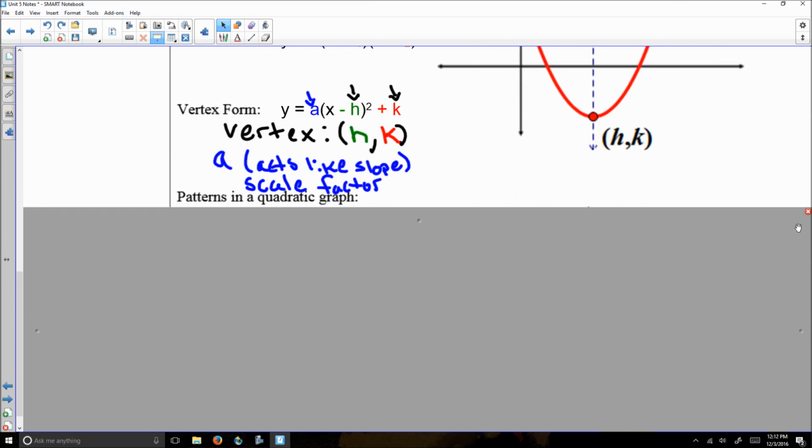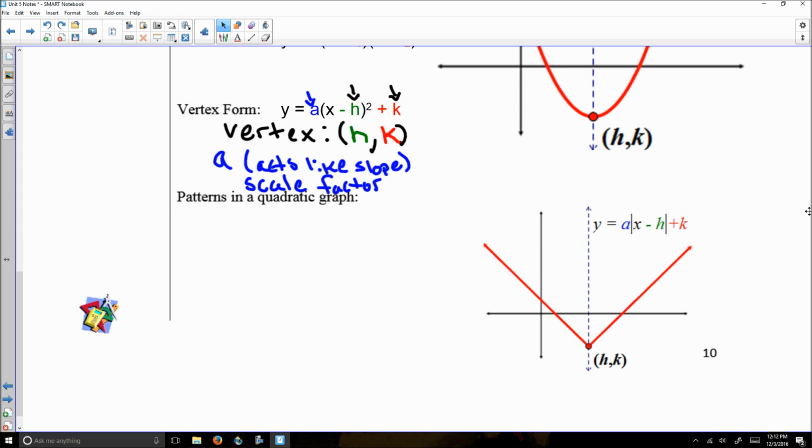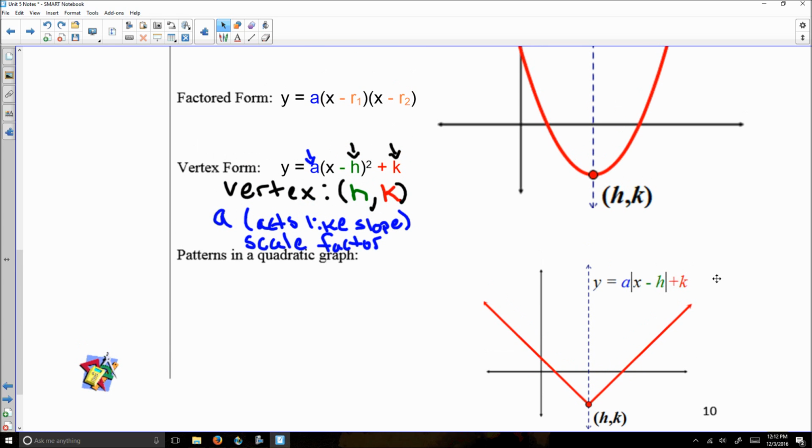To sum up, back on page 10, there are some interesting patterns of the quadratic graph. First, it's very similar to the absolute value graph in terms of its vertex form, where its vertex can be read directly off the equation. In fact, the vertex forms look very similar.